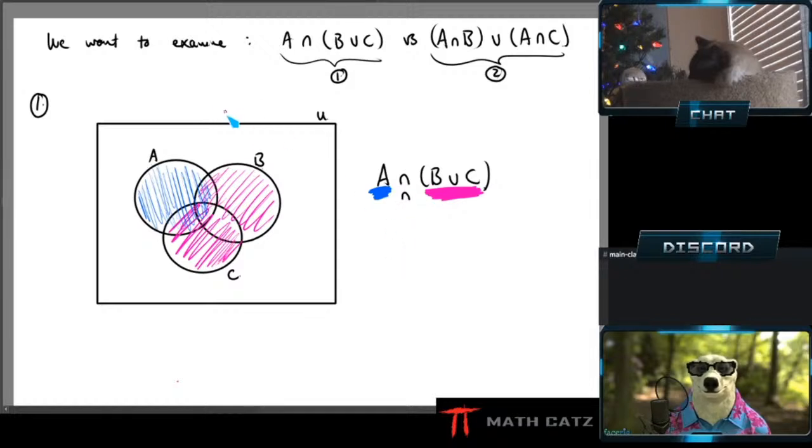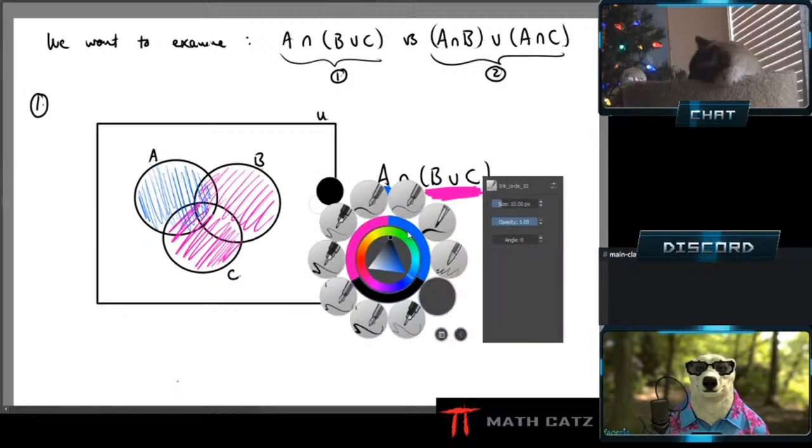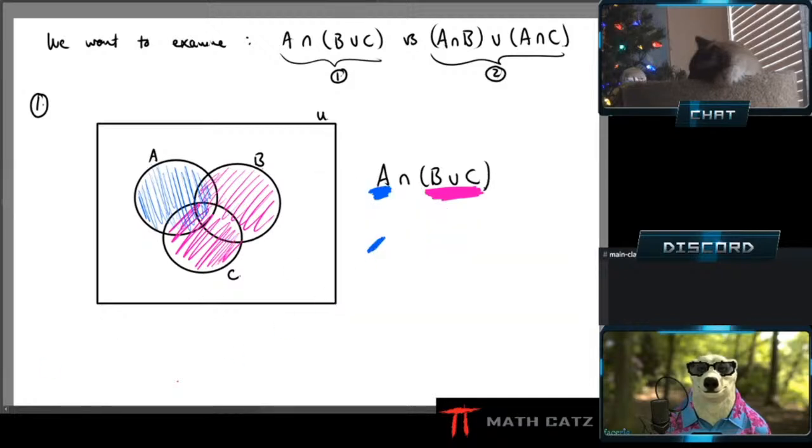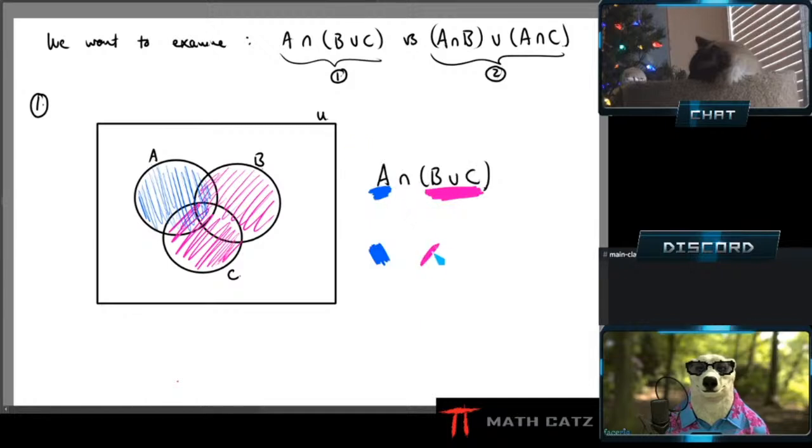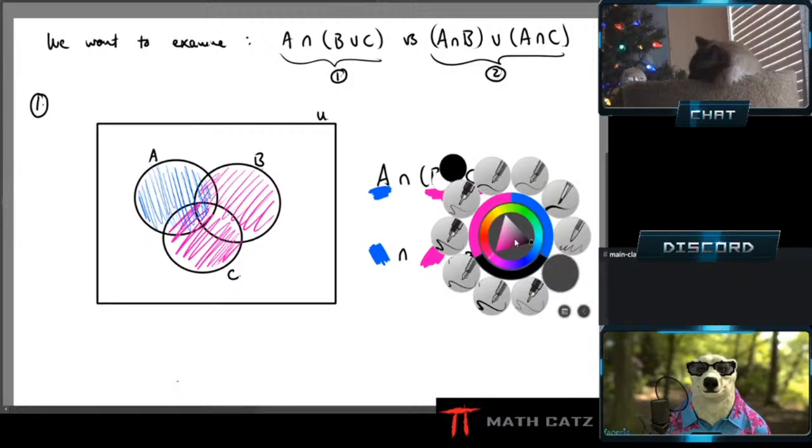Find the blue, the pink, an intersection, and that's going to give me, it's close.